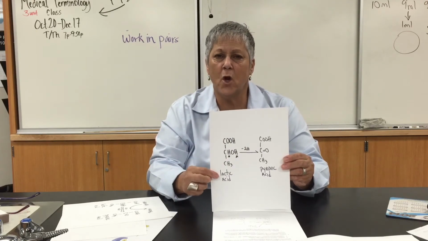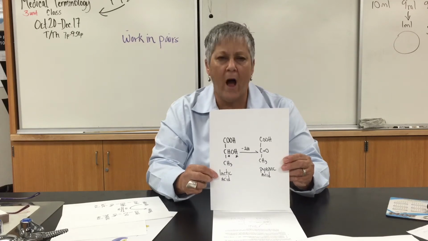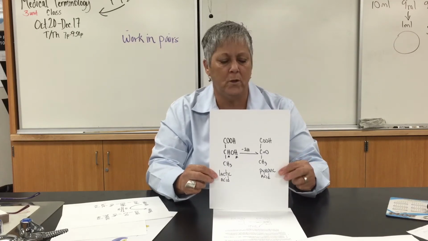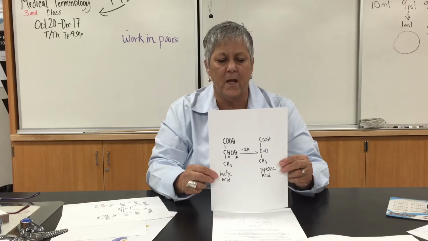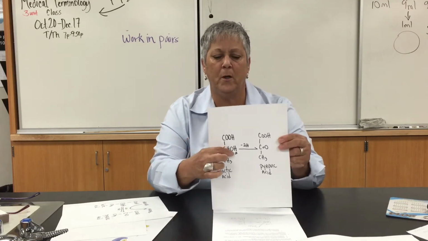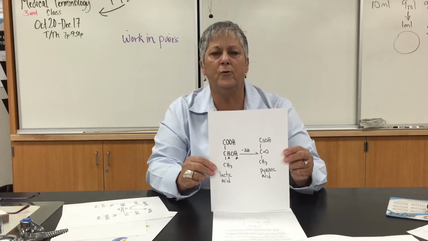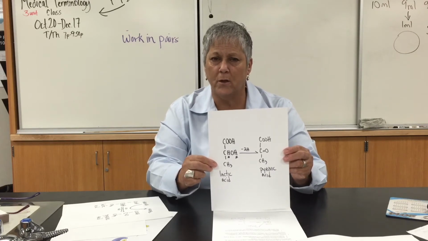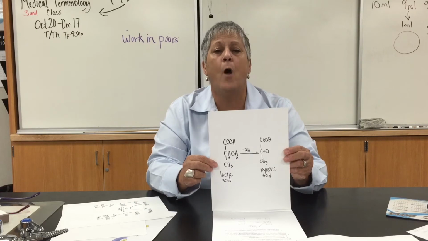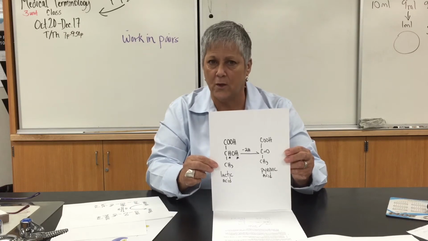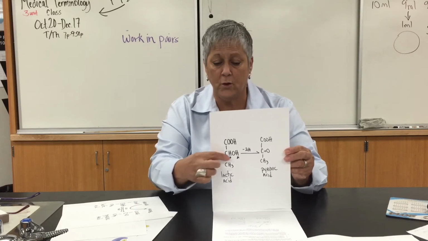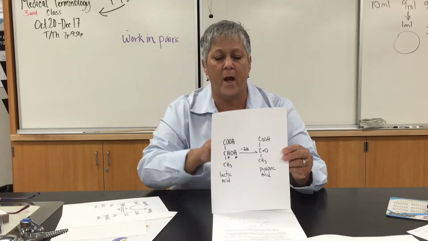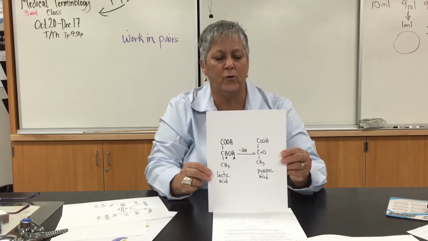We're going to start with lactic acid, and we're going to oxidize it to produce a molecule of pyruvic acid. I put a little asterisk by the two hydrogens that are going to be removed. I'm going to show you how coenzymes are involved in that reaction in just a couple of minutes. But those two hydrogens are going to be removed, so that's why I have minus 2 hydrogens here.